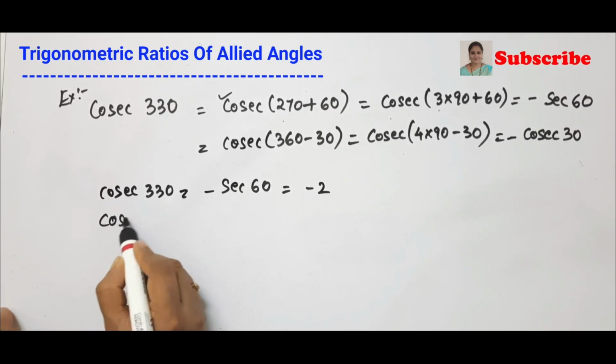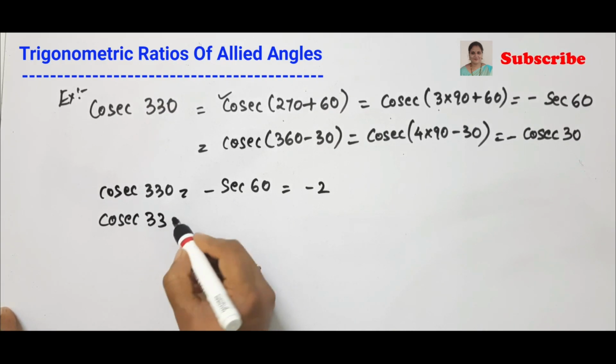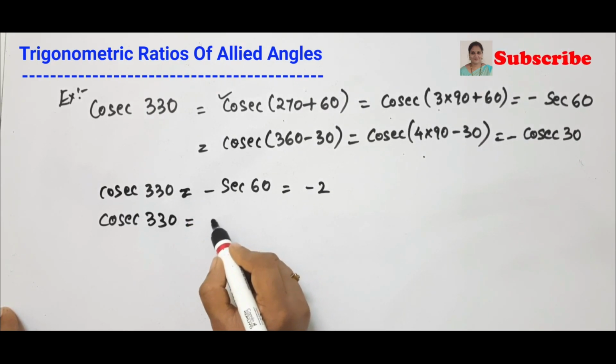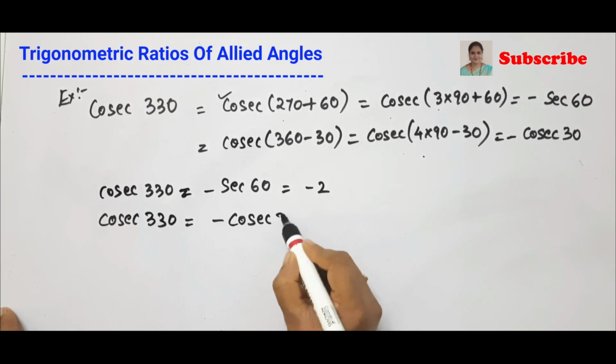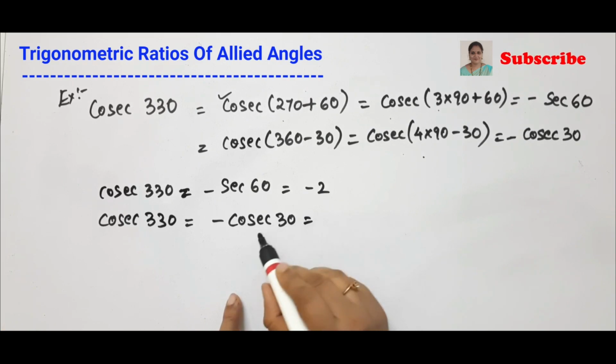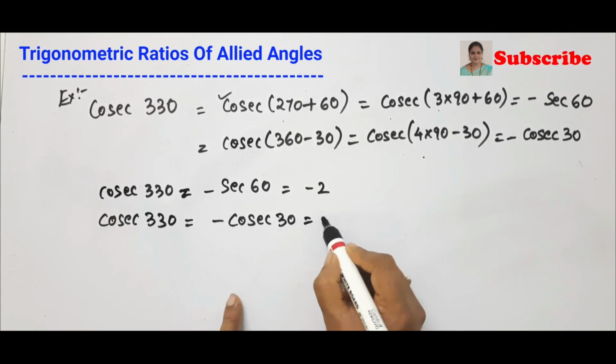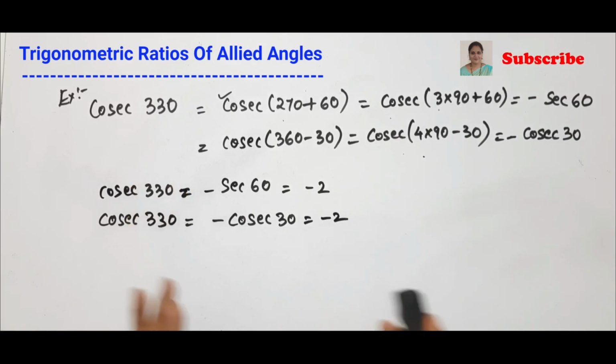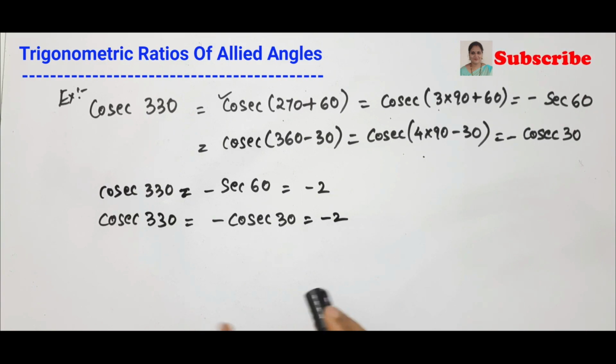If you express the same cosecant 330 as an even number into 90 minus theta, we got minus cosecant 30. Cosecant 30 is nothing but 2, so this will be minus 2. You will get the same value. You can express the same angle either as an odd multiple into 90 plus theta or an even multiple plus or minus theta. You will get the same result at that angle, depending upon the quadrant in which the angle lies.